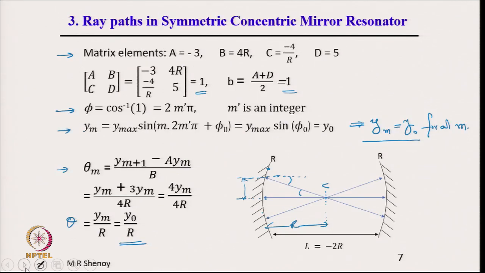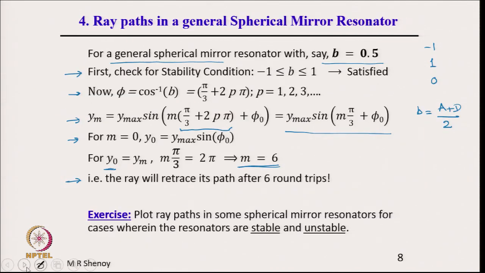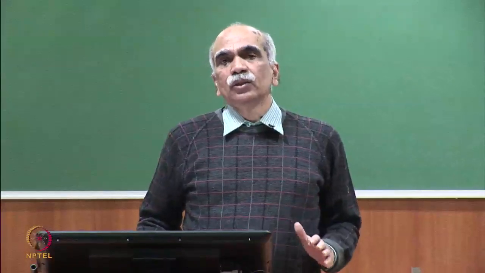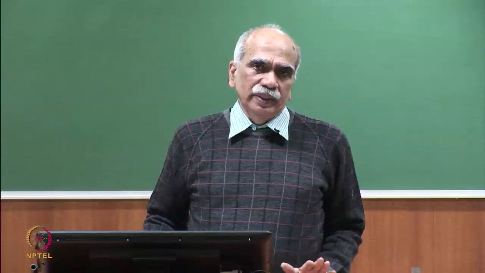In this particular example that I have taken, the mathematics tells that the ray will retrace its path after 6 round trips, which means the ray is confined. It is a bound ray which is confined. So, this is the procedure followed in tracing rays through spherical mirror resonators.